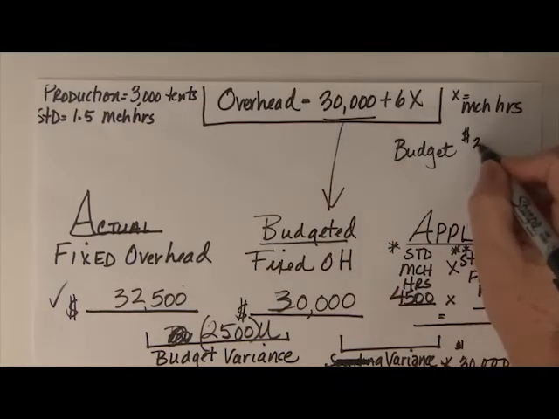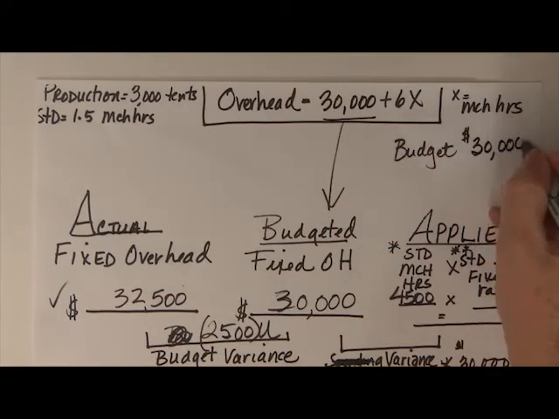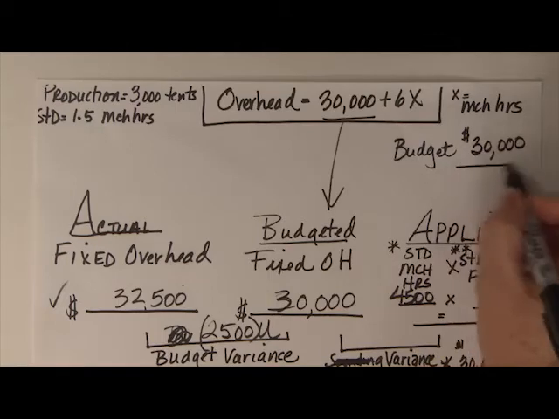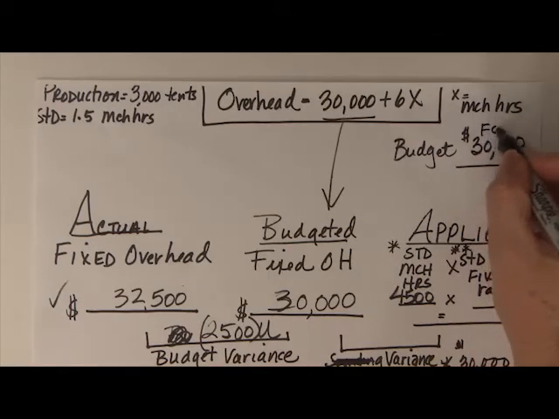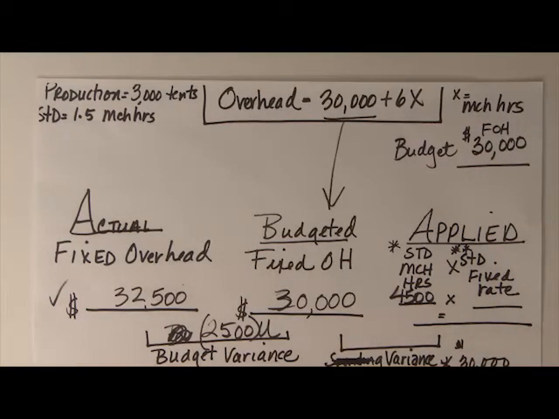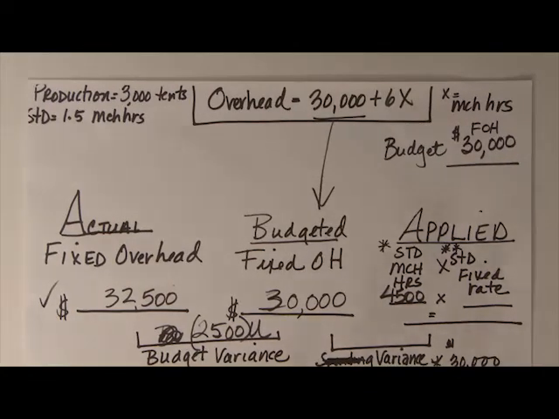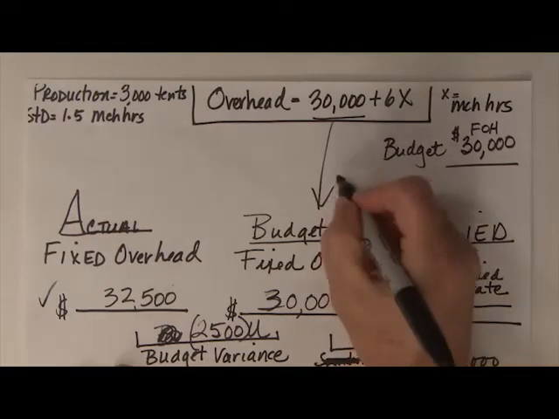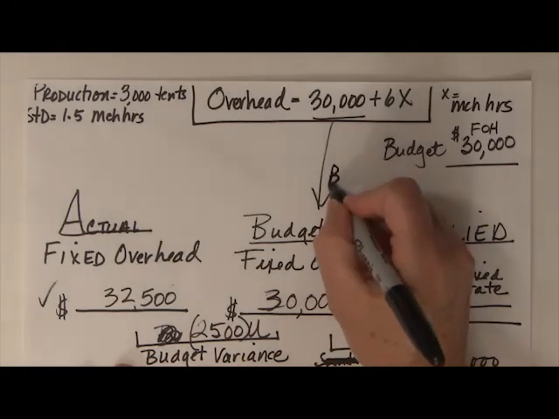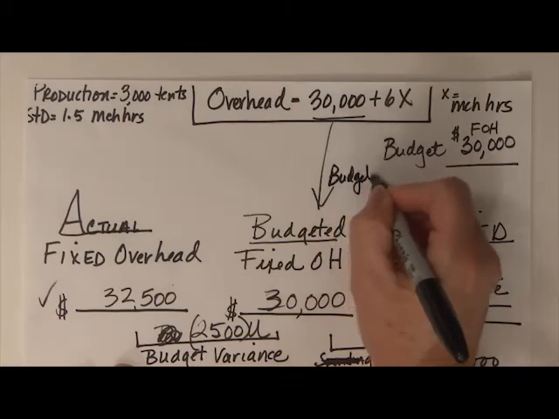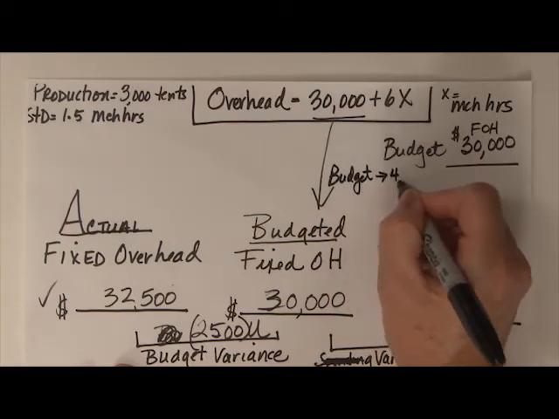We know that they budgeted $30,000, and this is their fixed overhead. But they also had to determine before the year began, when they did the budget, how busy they were going to be. And their plan, or their budget, was for 4,000 tents.